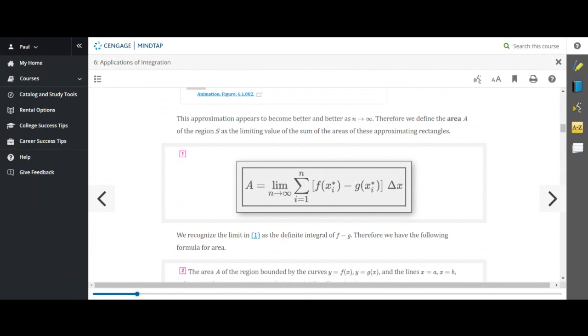Well, n goes to infinity, so that makes the rectangles thinner and thinner, and it's going to better approximate the area. But do you recall from Calculus 1 what this turns into? It begins with an I. Integral. An integral. That's right. This is just an integral.